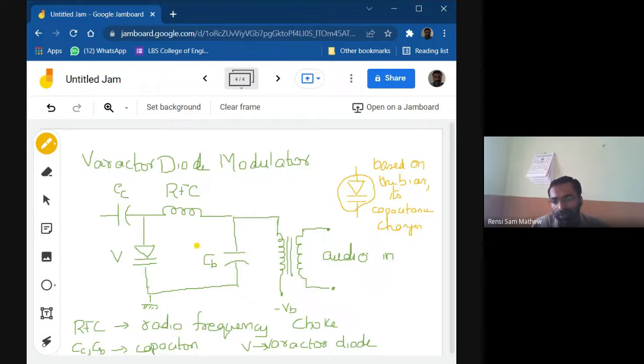So this property is being used in our varactor diode modulator. Depending upon whatever audio signal is coming in, this is a coupling transformer. So the audio signal will be coupled to this circuit, and this circuit forms the tank circuit, like a resonating circuit.